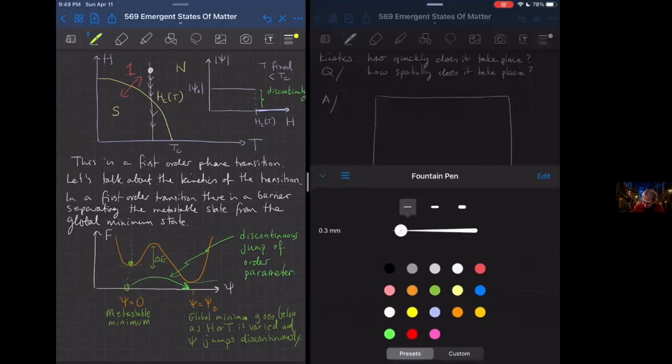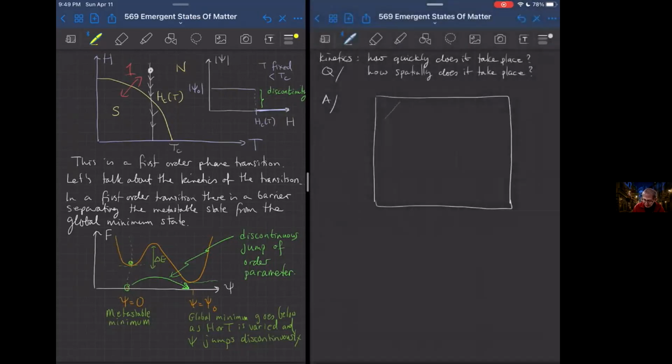And we're going to assume that most of the system is in the metastable state. So I've lowered the temperature. What was originally a global minimum state is now a higher energy metastable state.